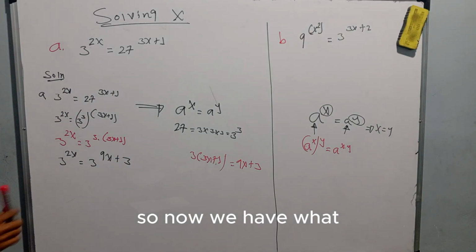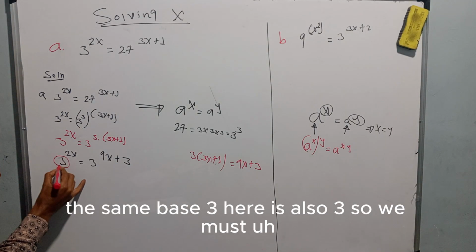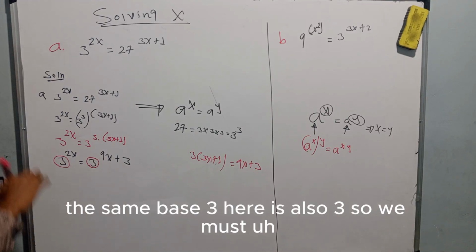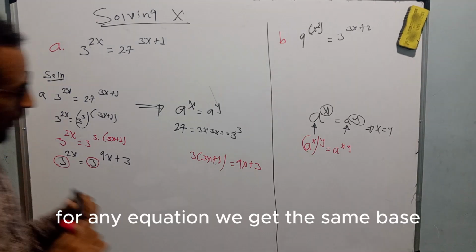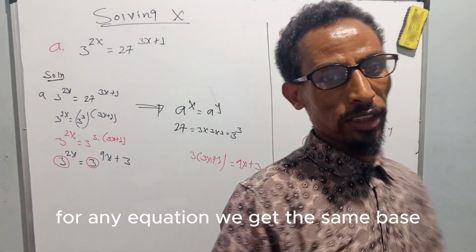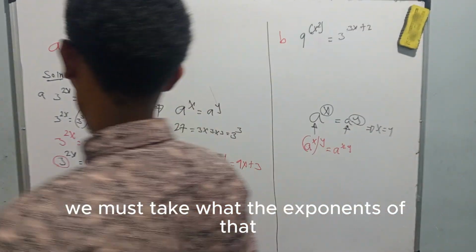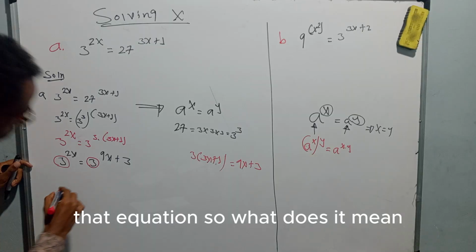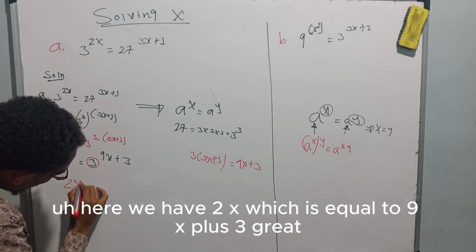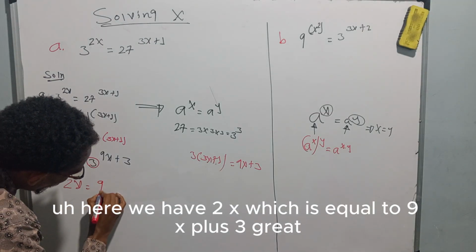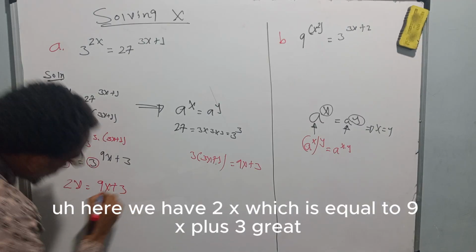So now we have the same base, 3. Here is also 3. For any equation where we get the same base, we must take the exponents of that equation. So here we have 2x equals 9x plus 3. Great.